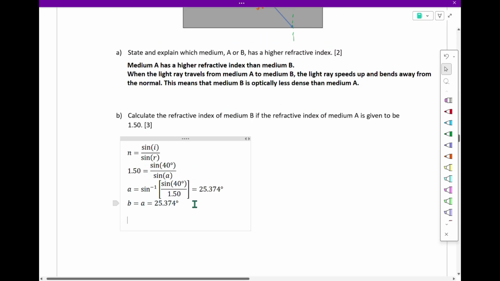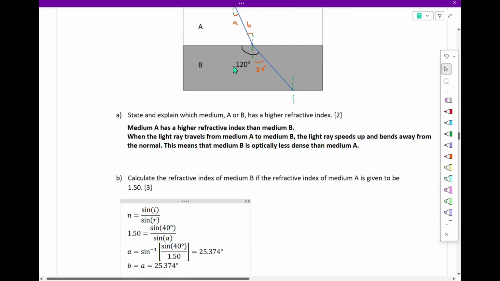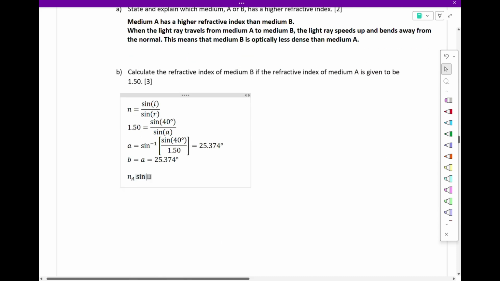Basically, we have to use Snell's law to solve, otherwise this one can't really be solved. So first thing, if you notice in-between here, we are traveling from A to B, so I'm going to use A equals to B. Okay, so let's take a look at it.